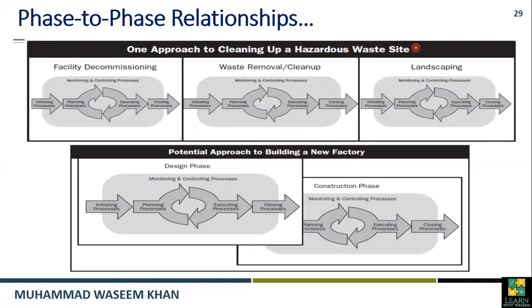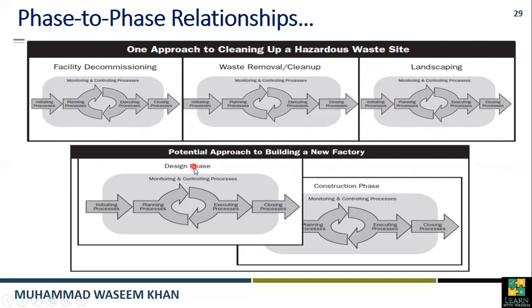That can be a sequential process. The first phase is called facility decommissioning, where you have to decommission the facility. In the second phase, you have to remove the waste and clean up. And in the third phase, you have to landscape. So this is an example of a sequential relationship.